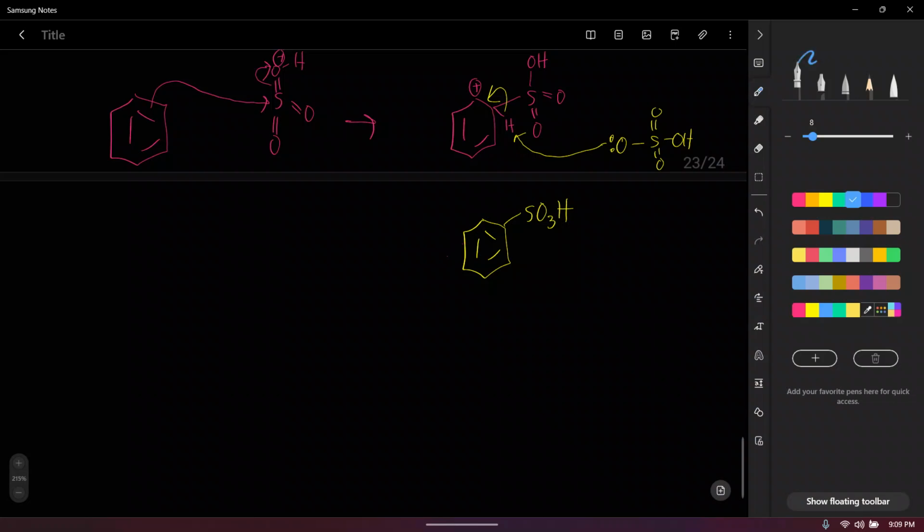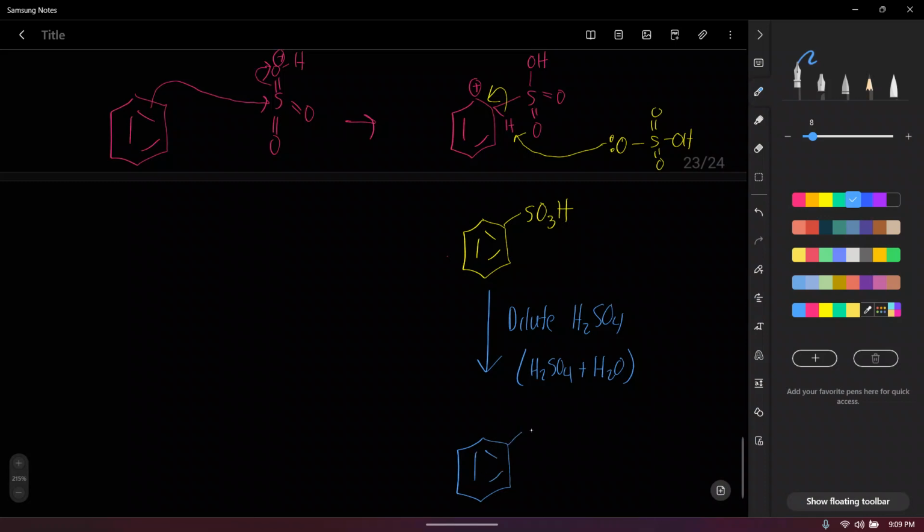So let me get a different color here. So if you have this, if you use dilute H2SO4, so meaning H2SO4 plus water, you can actually cleave.